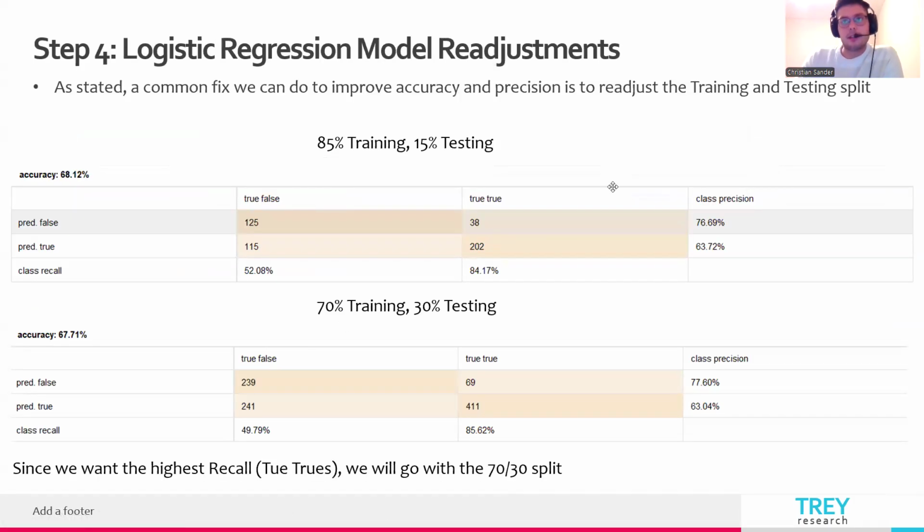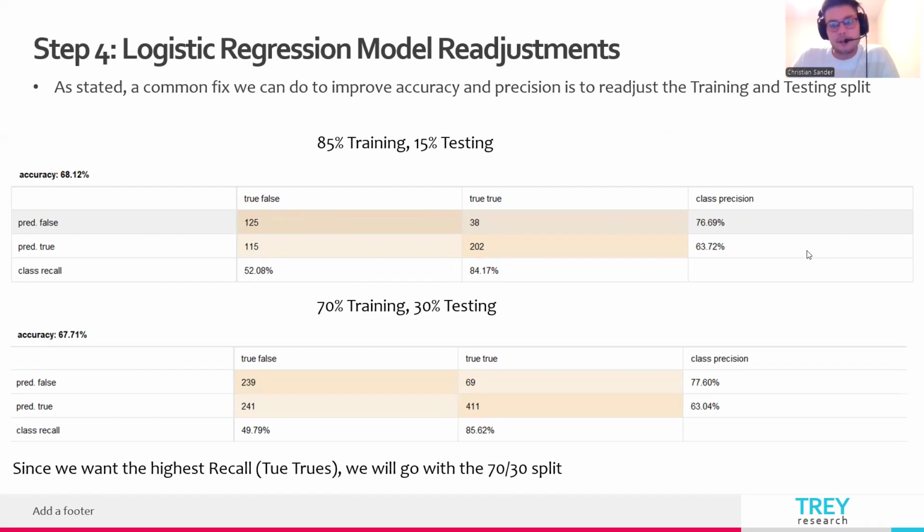And now we can start actually tweaking the logistic regression model. A common fix that we use is to readjust the training and testing split ratio. For how I wanted to do it, I wanted to use one higher and one lower. So the first chart here is at 85% training and 15% testing.